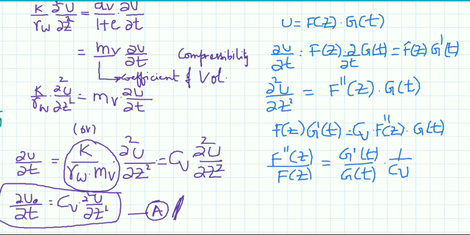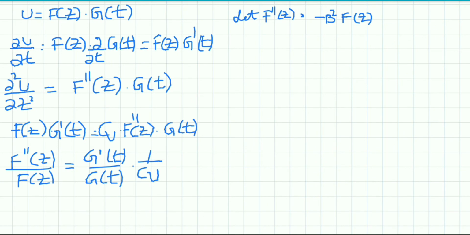So let f double dash of Z be minus b square into f of Z.